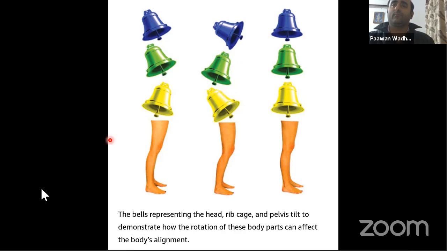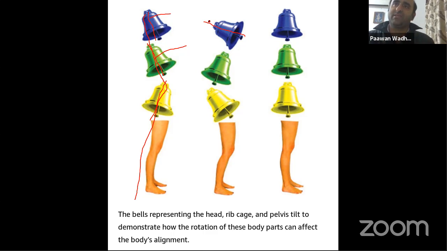Here, if you see now, this is the neck. Person is seeing upwards, chest is in tense position, and the pelvis is backwards. So alignment is like this, wrong alignment. Here, person is seeing down, very nice.